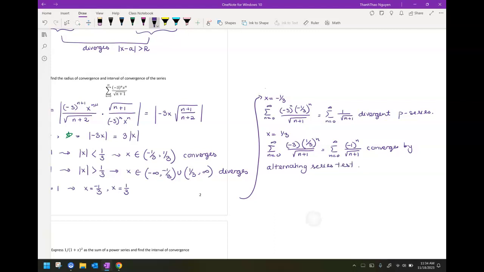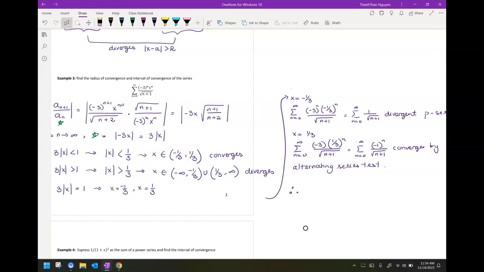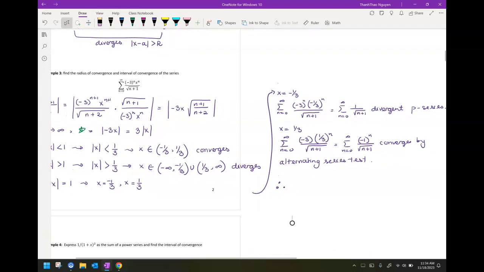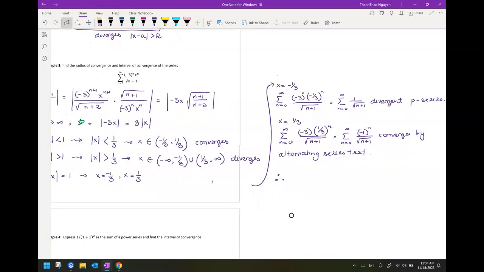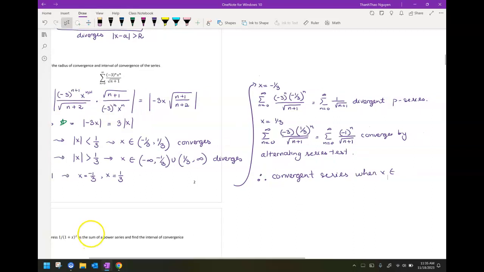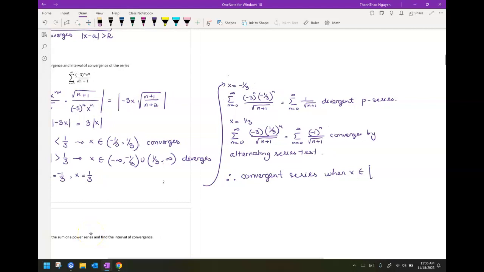So therefore, the interval of convergence of the series is when x is in the interval of negative 1/3, 1/3, and we include one of the endpoints.